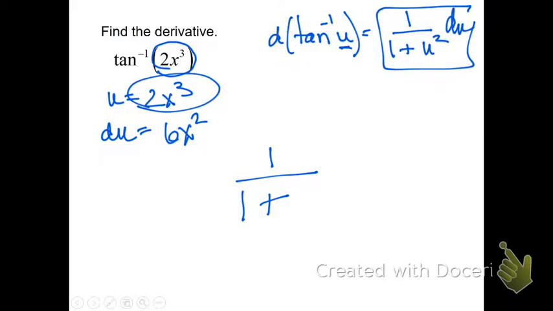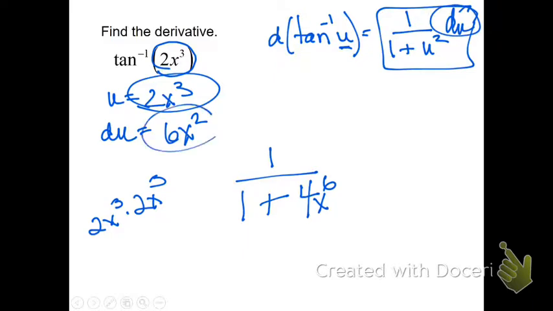Well, that thing squared is a 2x cubed times another 2x cubed. So that's a 4x to the 6th times du times 6x squared. And you can stick that on the top. And that's it. That's all you got to do. Okay? So remember, u is this, and then find du, and you're just plugging into that formula. Super easy.